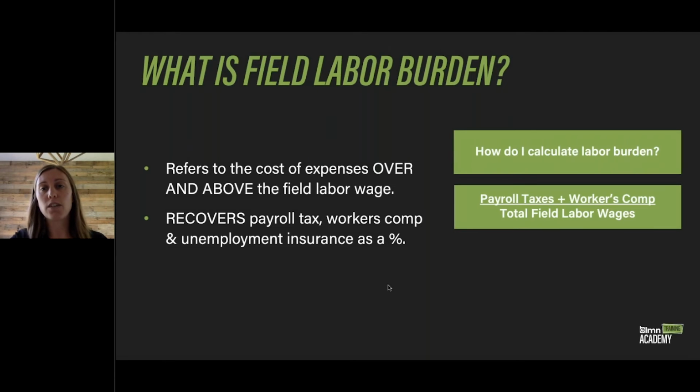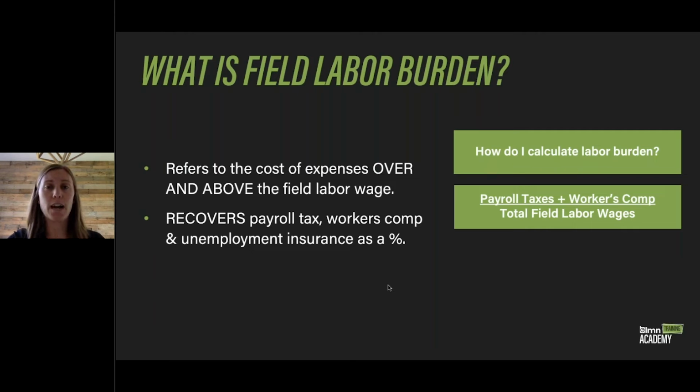So how do we calculate the labor burden? You can take all of your additional expenses, such as payroll taxes, workers' comp, unemployment insurance, add those additional items together, and then divide that by your total field labor wages. So as you're entering in your hours into your field labor budget, you can take those total hours and all of your expenses and do the math that way.